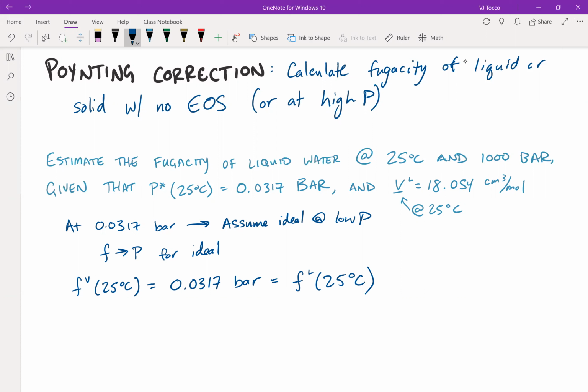So now we know the fugacity at one point. I should also say this is at 25 C and 0.0317 bar. Right, and now we want to calculate the fugacity of the liquid for 1000 bar. So we're undergoing a pressure change from this low pressure to this high pressure.